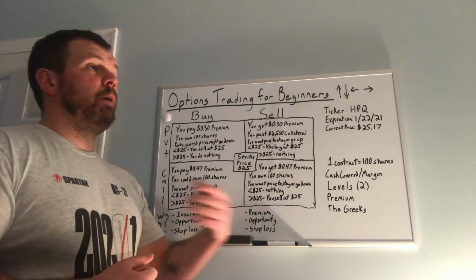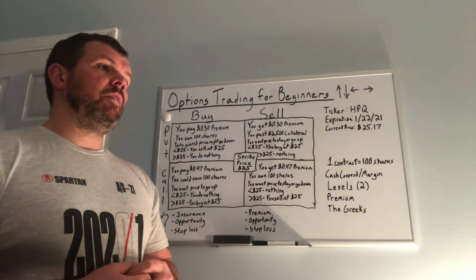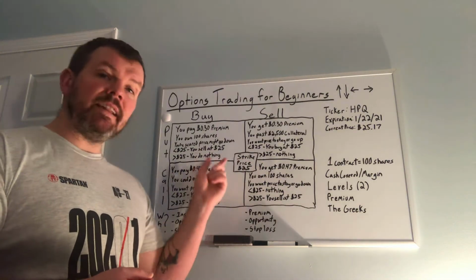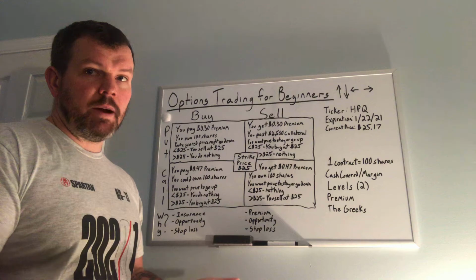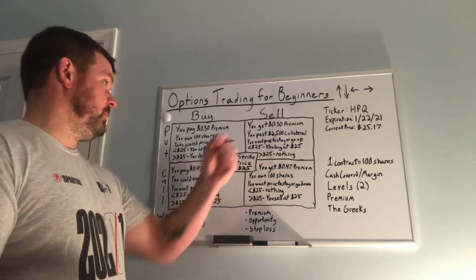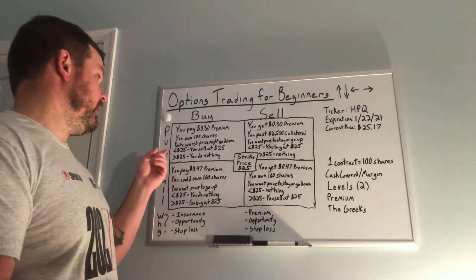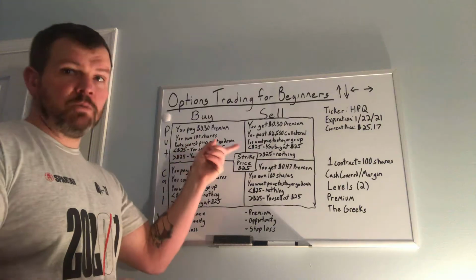So buying a put, you're paying someone this amount of money if they're willing to buy your shares at this price, no matter what. And you're only going to sell those shares to them if at expiration the stock is less than $25. Because you'll see here, if less than $25, you sell at $25.